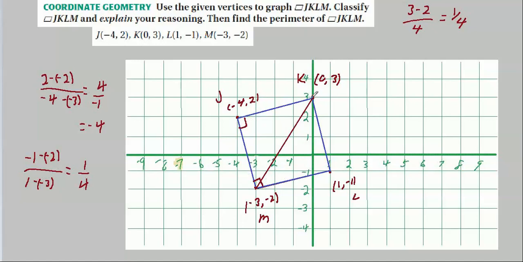I believe this has to be parallel also if these two are, well, heck, it's easy to prove. Yeah, I guess it would still be possible for this line to not be parallel to the segment, so I guess we can check the slope of this one too. Make sure it turns out to be minus 4, which I have a feeling it will be. I can just about do this one in my head. We got 3 minus negative 1. That's 4.